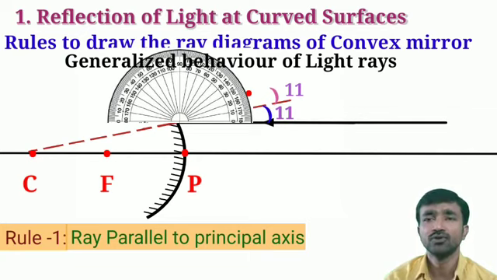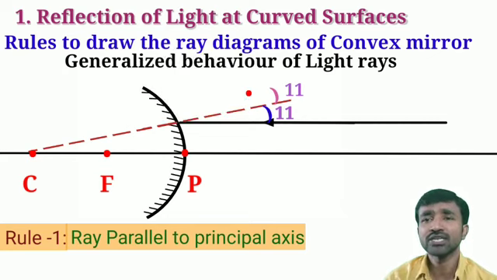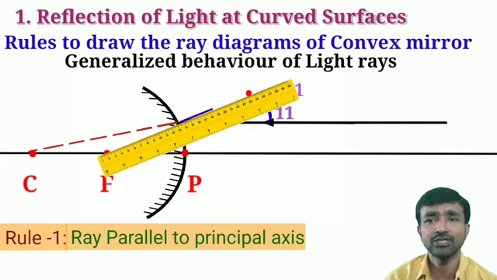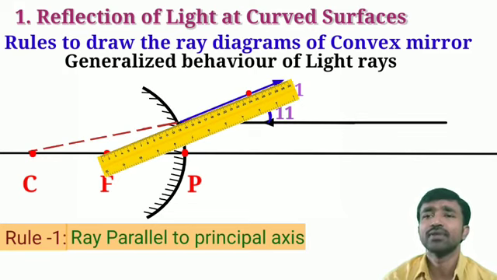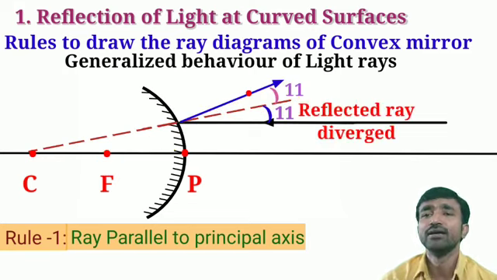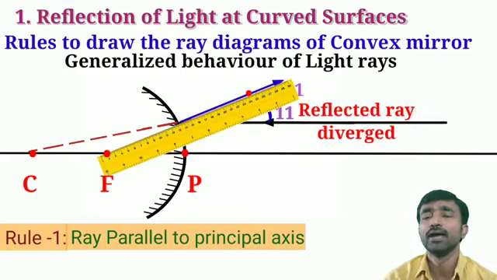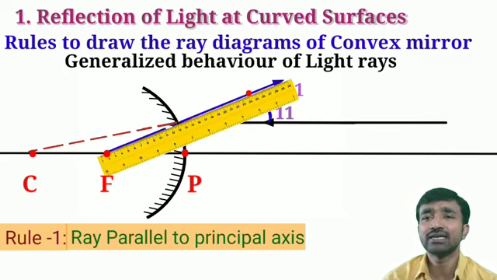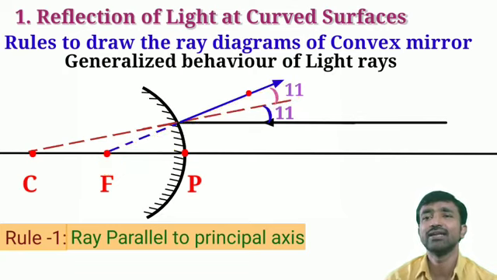Position your protractor as you see here and measure the angle. Next, construct the reflected light ray. Then extend that reflected ray in the backward direction, and you can realize that the reflected ray meets the focus when extended backward.